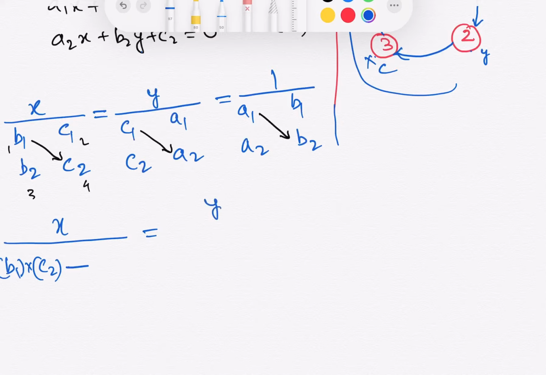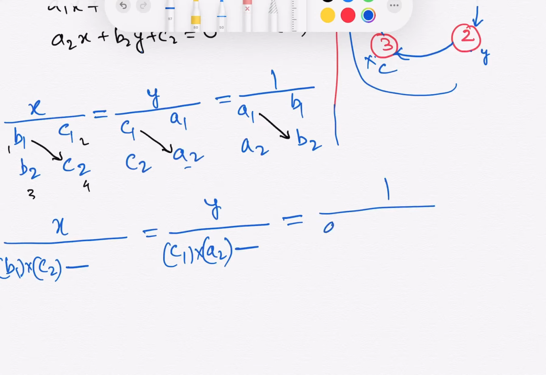After that you calculate the y variable part, which is c1 multiplied with a2. After that you write the negative sign, this is the rule. Then you calculate the constant part, which is a1 multiplied by b2, then you write the negative sign.